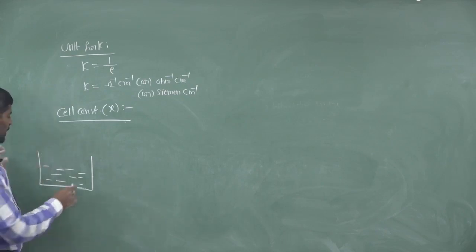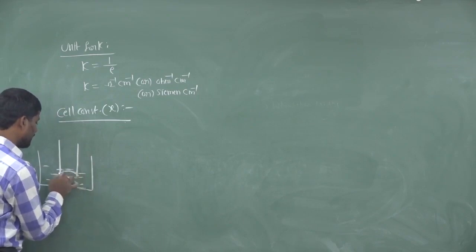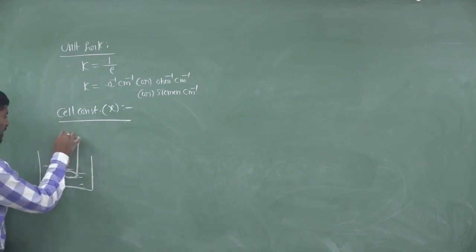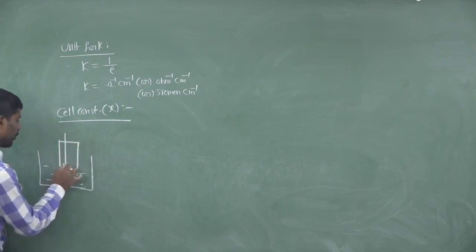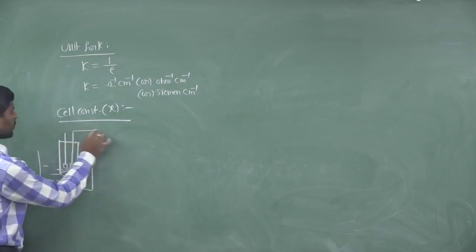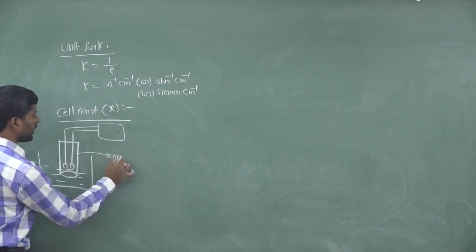To measure its conductance, what do we have to use? We have to take a conductivity cell. This conductivity cell possesses 2 platinum electrodes or 2 platinized platinum electrodes, which we connect to a conductivity meter. This is called the conductivity cell.